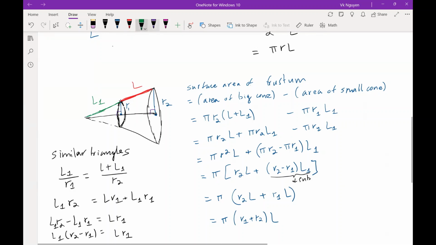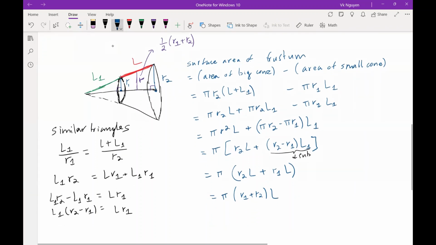So this line right here would be half of r1 plus r2. So now I'm going to do a trick here, and I'm going to let that be the radius r. So what we have is pi multiplied by 2 times half of r1 plus r2 times L, which is 2 pi r L.